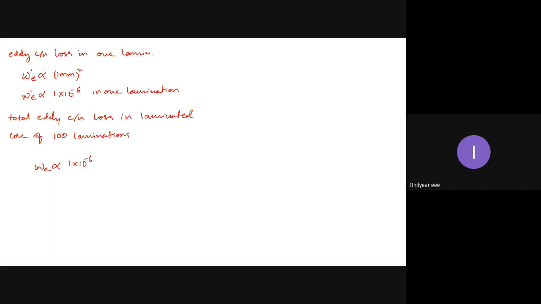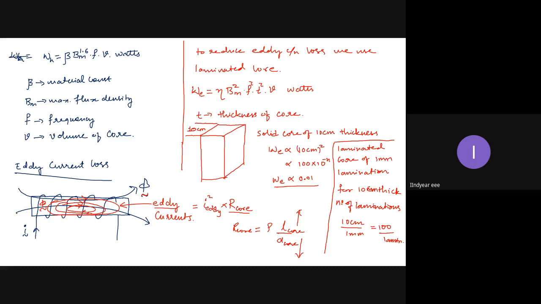So this is the eddy current loss in 1 lamination. How many laminations I have? 100 laminations. So WE dash is proportional to 10 to the power minus 4, or 0.0001. This is the eddy current loss in a laminated core of the same thickness 10 centimeter.